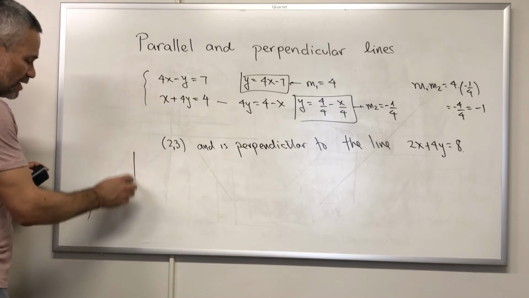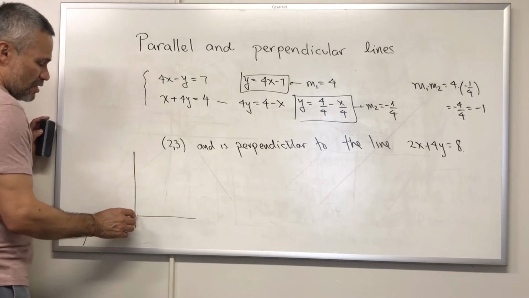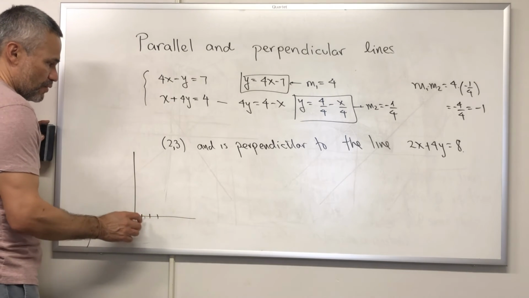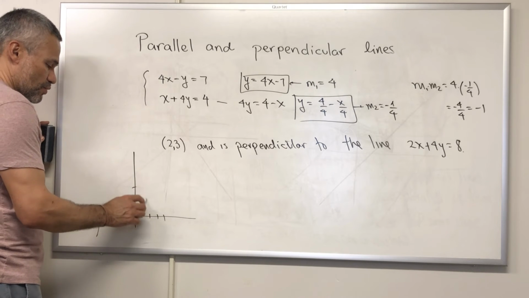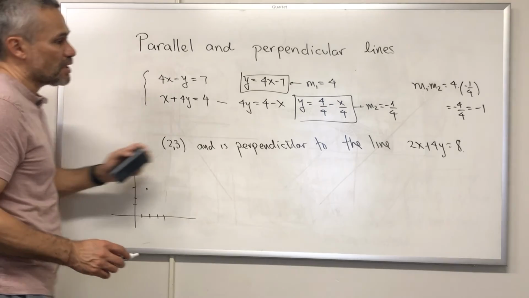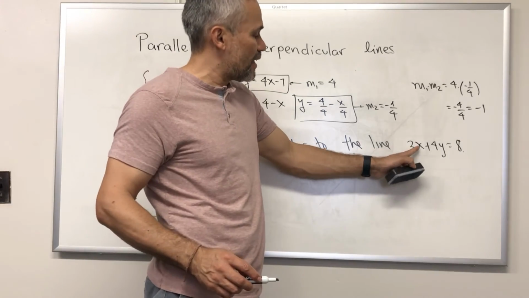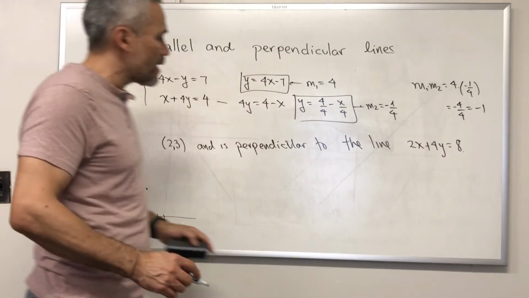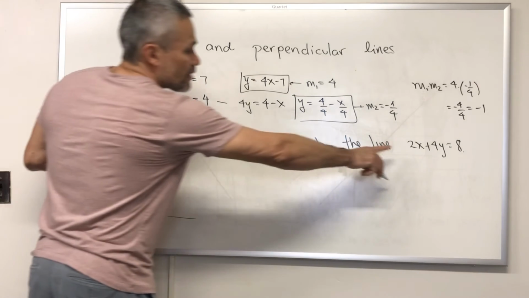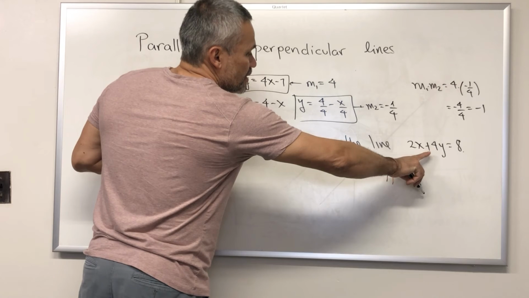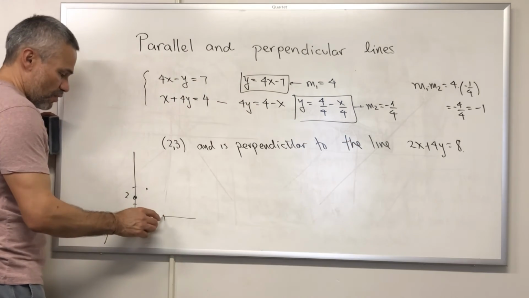Then we can have a picture of this. This is 1, 2, 3, 1, 2, 3, 4. Here is the point 2, 3, this point, and we can do the graph of this. When x equals 0, y is 2. It goes through this point, and this line also, if y is 0, x is equal to 4.